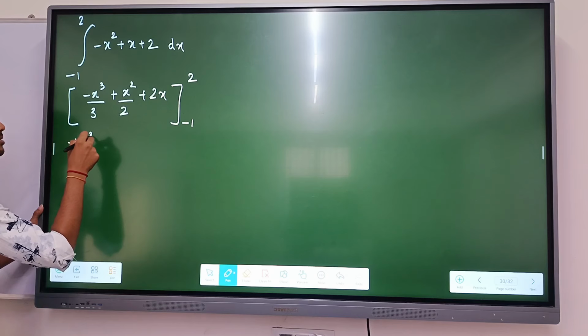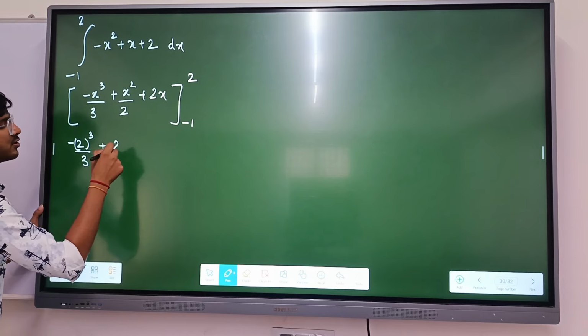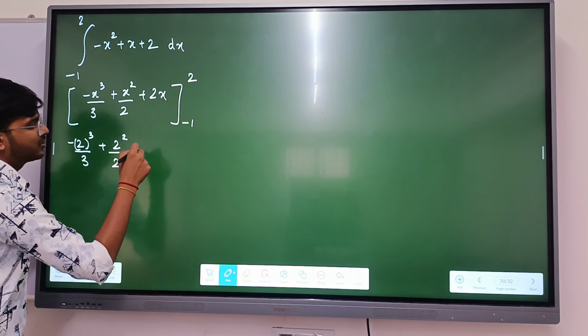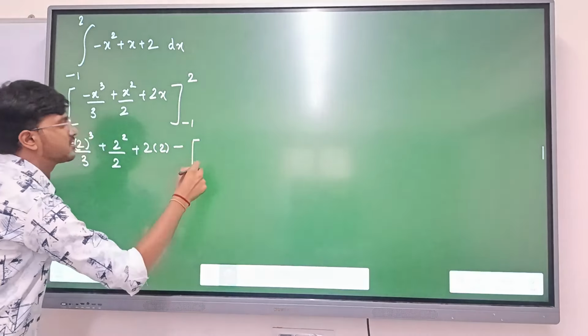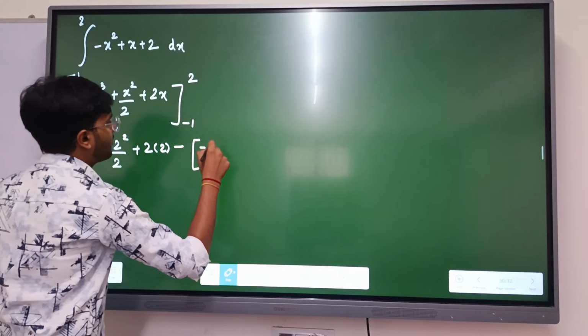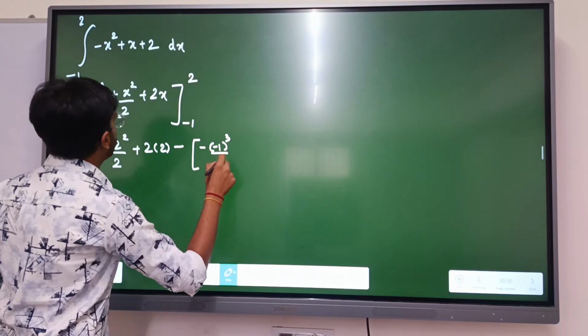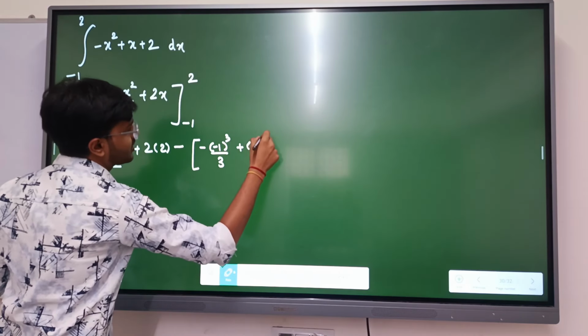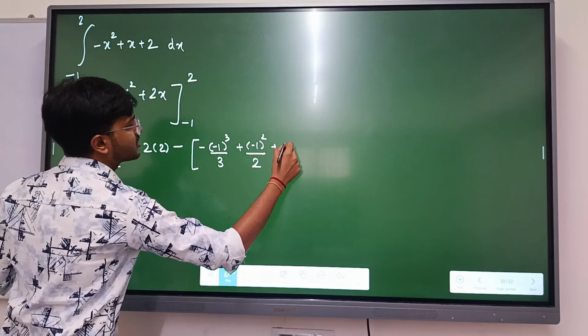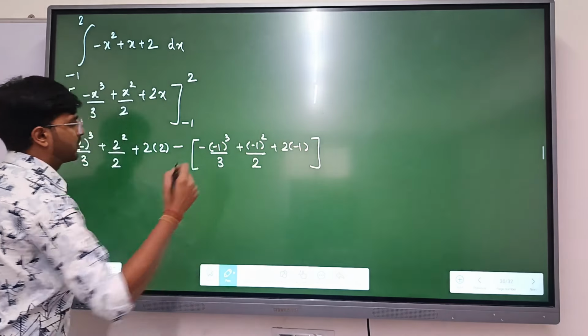Minus 2 cube by 3 plus 2 square by 2 plus 2 into 2, minus of minus 1 cube by 3 plus minus 1 square by 2 plus 2 into minus 1.